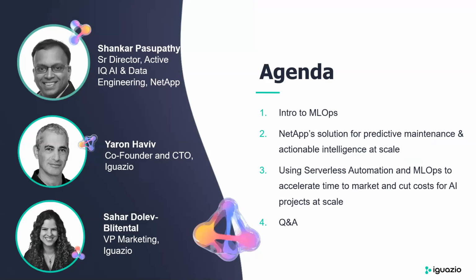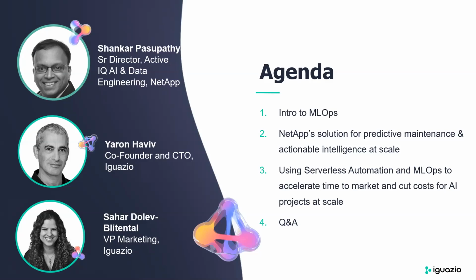This is an incredible project, and to explain to us how this was all done, we're delighted to have Shankar Pasupathy with us today. Shankar is the Chief Architect and Senior Technical Director for ActiveIQ at NetApp, where he's been leading both the data engineering and AI teams for the past 6 years. Prior to ActiveIQ, Shankar was a senior manager in the CTO's office and has published over 40 patents, a dozen research papers, and received several NetApp Innovation Awards.